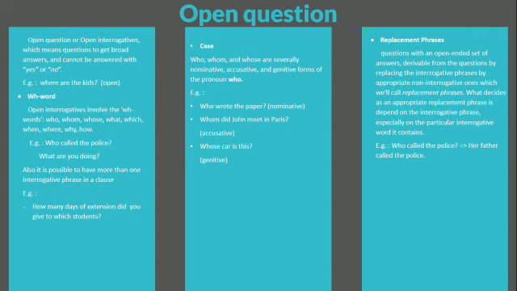Okay, and then it is also possible to have more than one interrogative phrase in a clause. For example, how many days of extension did you give to which students? So this clause needs two pieces of information.